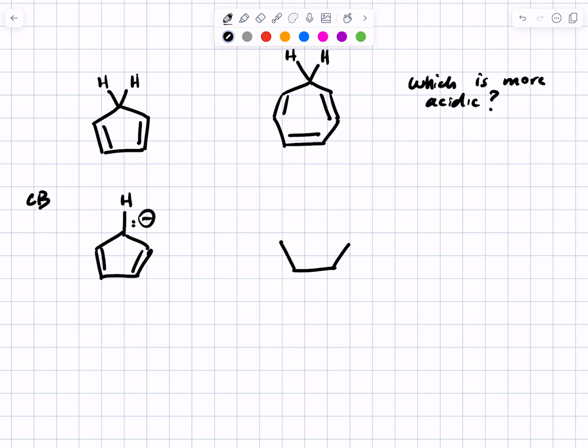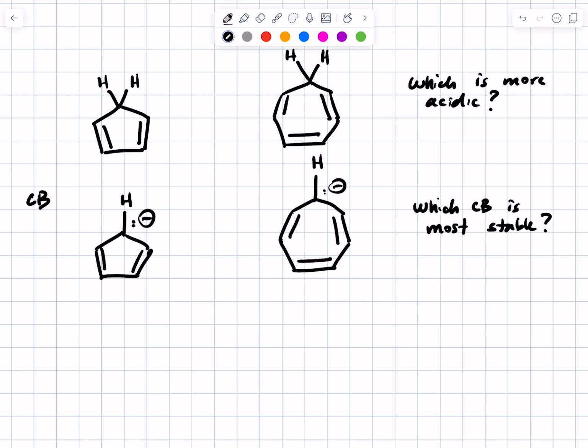And then let's draw the conjugate base of this molecule. And realize that asking which hydrocarbon is most acidic is exactly the same as asking which conjugate base is most stable.